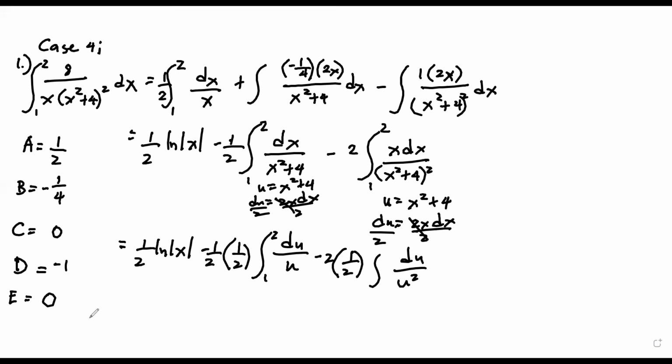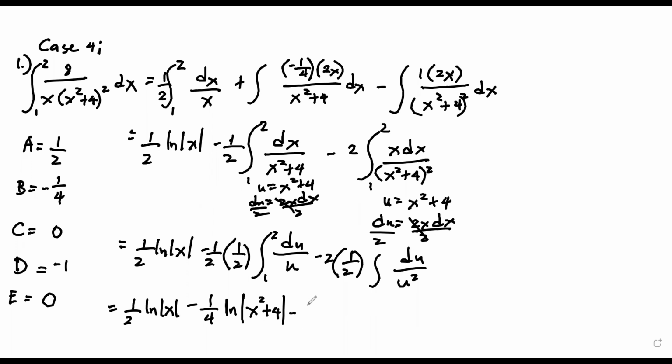Opo. So this is equal to 1/2 ln absolute value of x minus 1/4. Integral of du over u is ln. Ang u natin ay absolute value of x squared plus 4 and minus 1. This is u raised to negative 2 du.